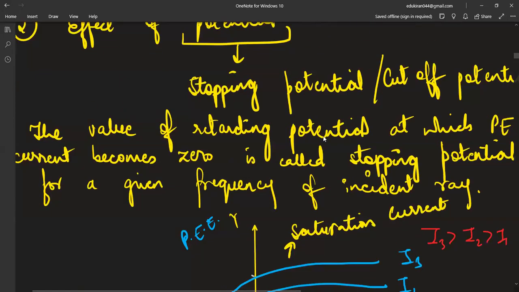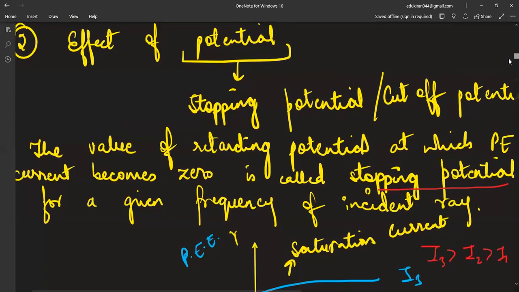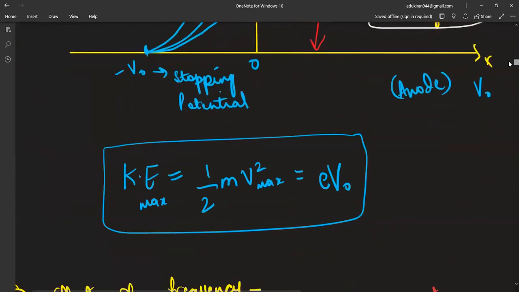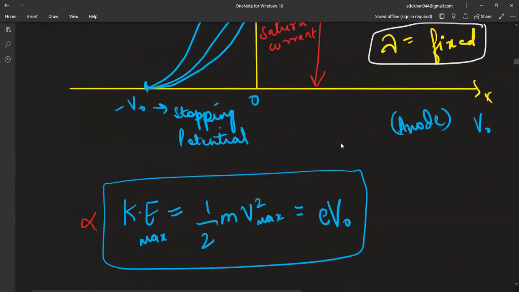So the value of retarding potential at which photoelectric current becomes zero is called the stopping potential for a given frequency of incident ray. All right, this is the stopping potential or the cutoff potential. This is the effect of potential. I'll discuss this later when we see Einstein's theory.